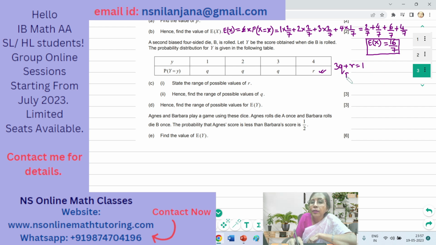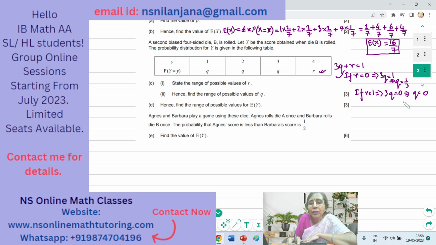If R is equal to 0, then 3Q is equal to 1, which implies Q is equal to 1 over 3. This is one valid condition. If R is equal to 1, then 3Q is equal to 0, which implies Q is equal to 0.